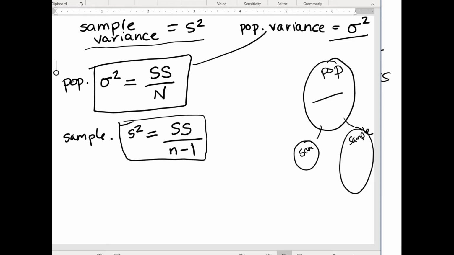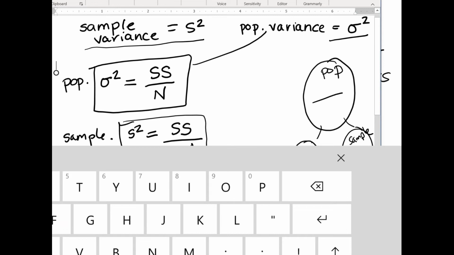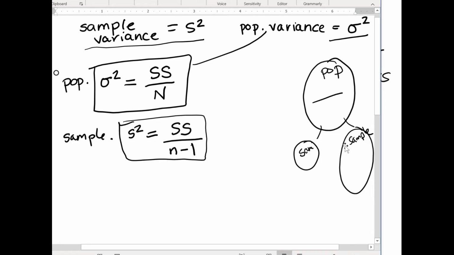So just to illustrate that example, if we divide by a slightly smaller number, the overall result is slightly bigger. So if you think about what's bigger, 3 divided by 4 or 3 divided by 5.